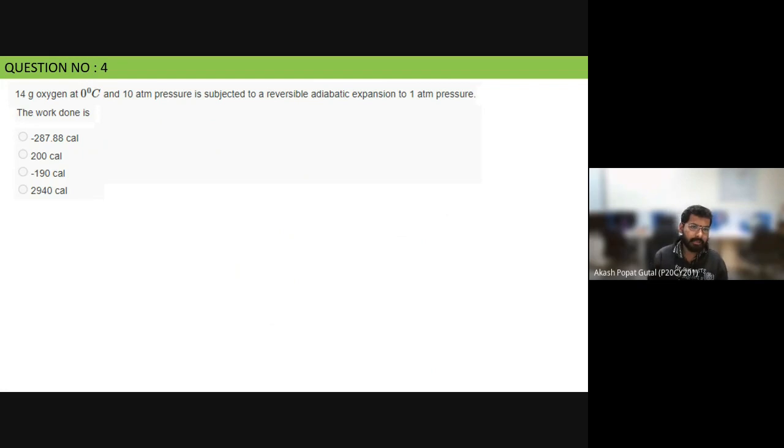So it's a reversible adiabatic expansion. We'll first take out what things are given. The weight of oxygen is 14 gram. Let's convert it into number of moles, 14 by 32.